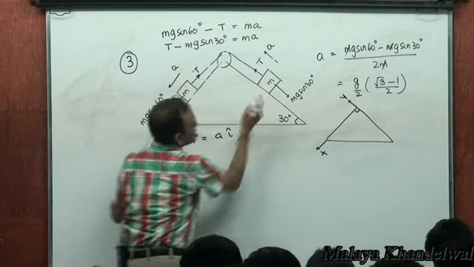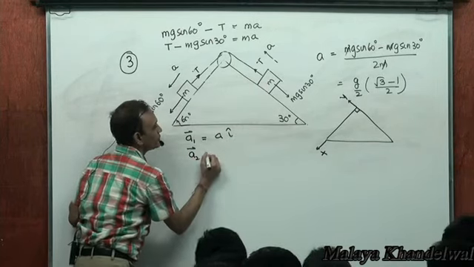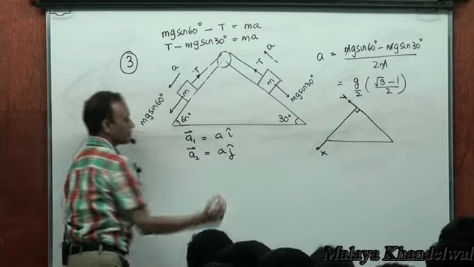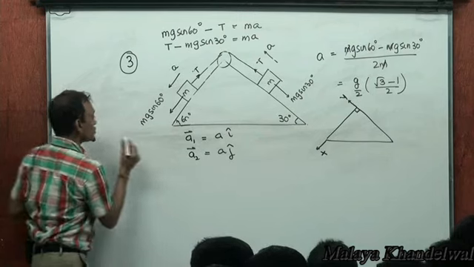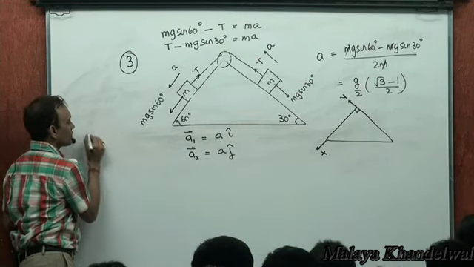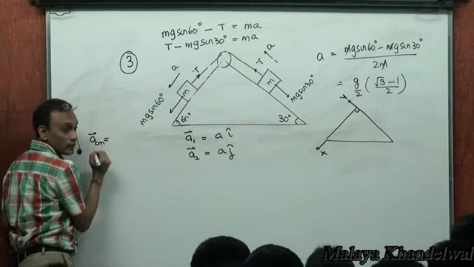Vectorially, the acceleration of this mass, a2, is going to be a j cap. Then the acceleration of the center of mass of the system is going to be what?